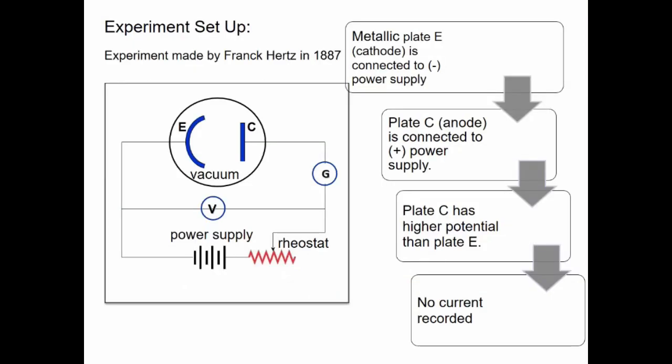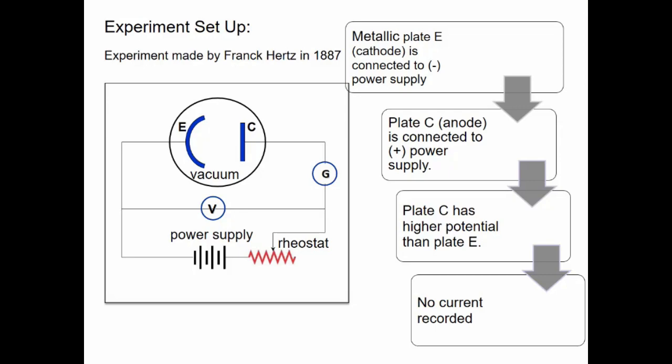In the photoelectric experiment, a metallic plate E is connected to the negative power supply, working as the cathode. Then, we have another plate connected to the positive power supply as its anode. The two plates are encased in an evacuated vacuum tube, and they are connected to a voltmeter, galvanometer, and rheostat.